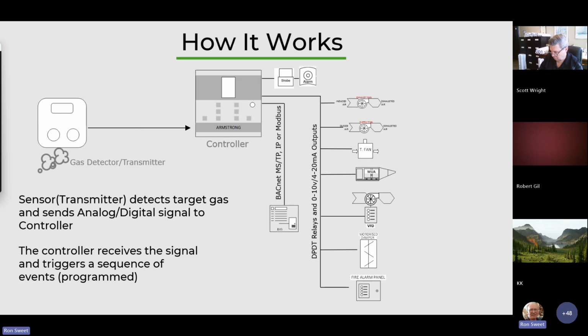So, how does a gas detection system work in general? We're all familiar with a thermostat. Probably a programmable thermostat that we have at home or in our office that keeps the temperature in the space comfortable, whether it's a very cold day in the wintertime or a very hot day in the summertime.